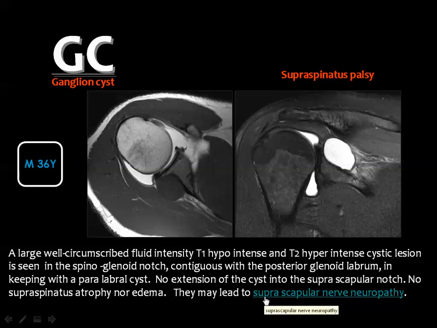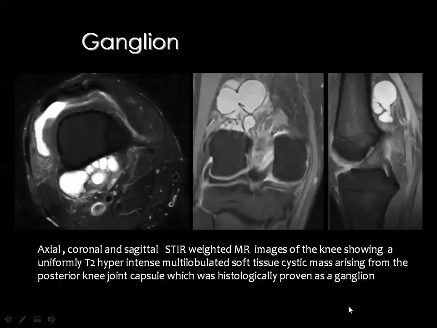Also, a cystic lesion in the suprascapular notch, and the lesion showed low signal in the T1 and high signal in the T2 weighted image. Of course, you know that in this area the suprascapular nerve is present, and also the suprascapular artery. There may be some compression on the nerve, resulting in nerve entrapment or neuropathy.